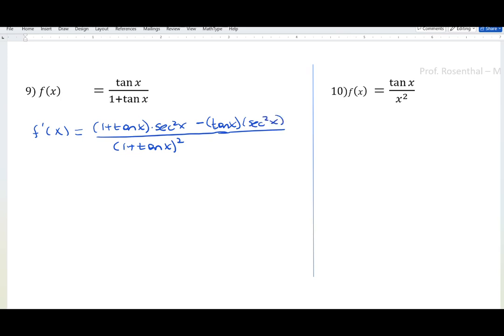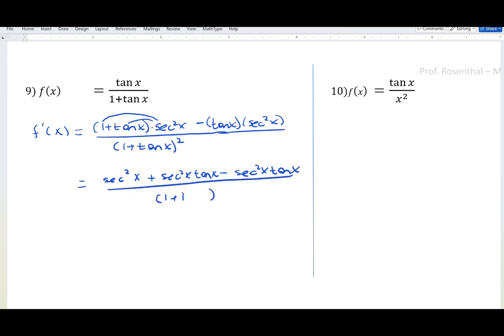And now all we need to do is simplify all of this. Let's begin by distributing the secant square over the 1 plus tangent x. So we've got secant square x plus secant square x times tangent x minus, and those two are already as simplified as you can get, secant square x times tangent x, all over the same denominator, which was 1 plus tangent x quantity to the second power.